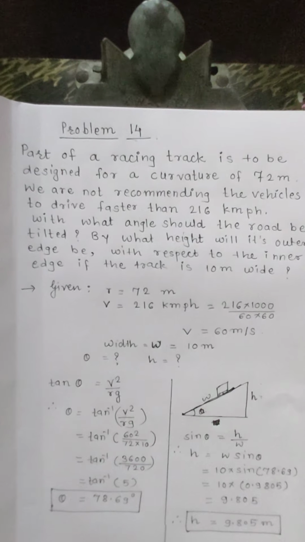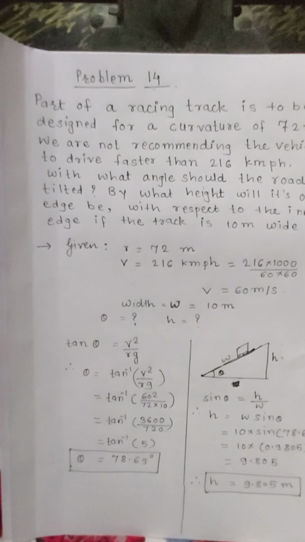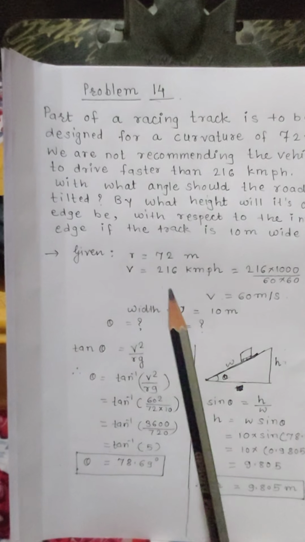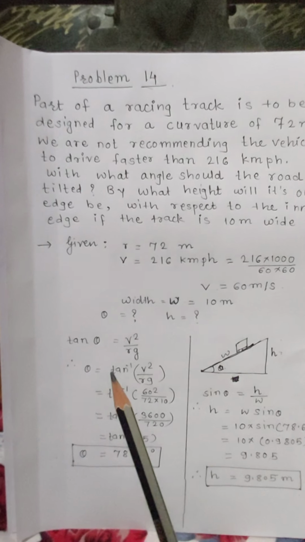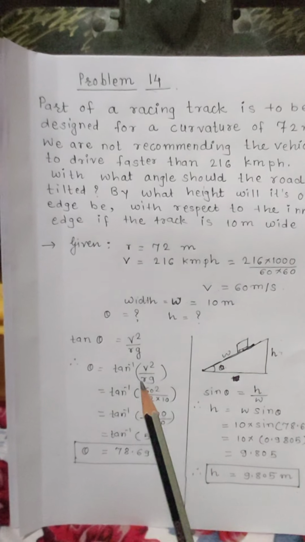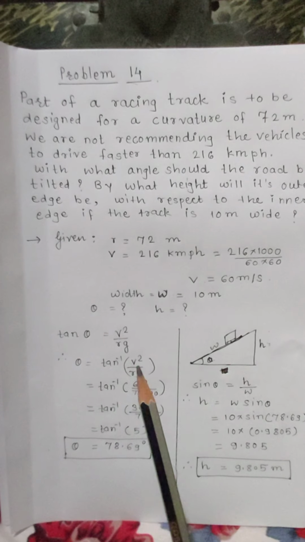We have seen the expression of the most safe speed. There we have seen that tan theta is equal to v square upon r g. So theta is equal to tan inverse of v square upon r g.